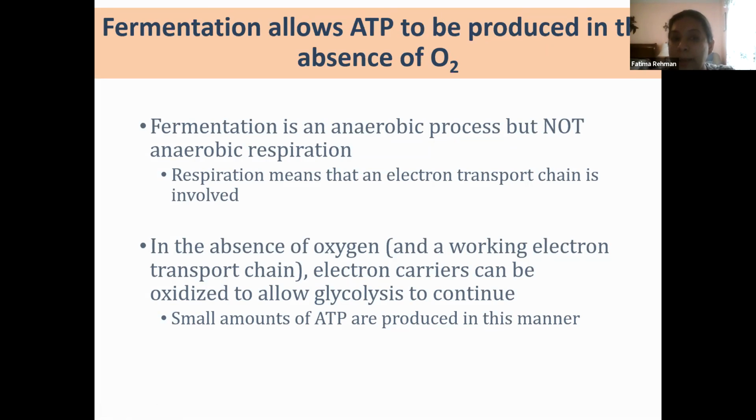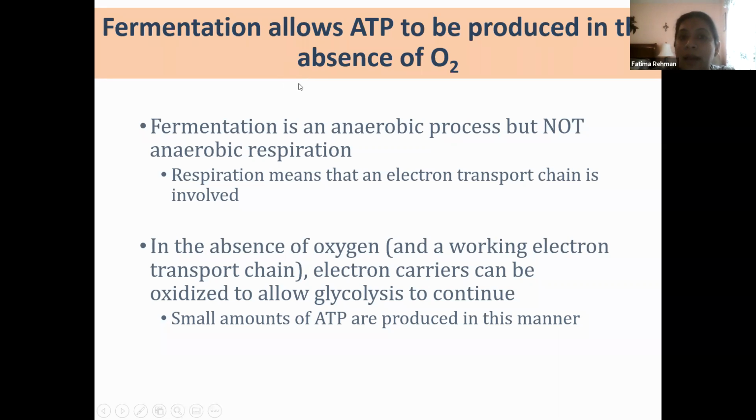At this point, it depends whether we have oxygen available in the system or not in order to get more energy released from these molecules. If there is no oxygen available, or not enough oxygen available, electron carriers cannot go through the electron transport chain because they won't have any oxygen to use for the oxidation process.